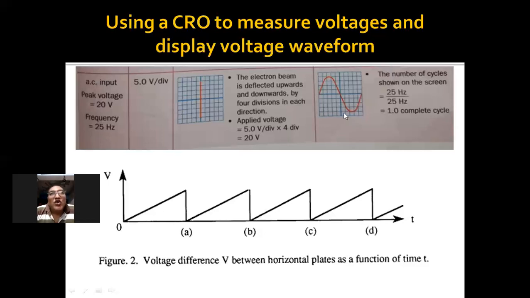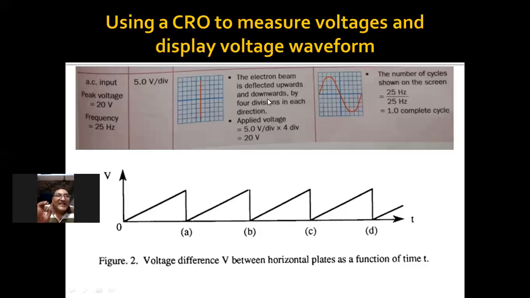Now you have switched on the time base also. When you switch on the time base, this dot will start moving left and right. This dot is moving up and down vertically because it's alternating. And when you switch on the time base, it will move from left to right, right to left, left to right.